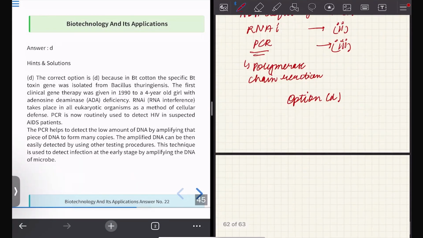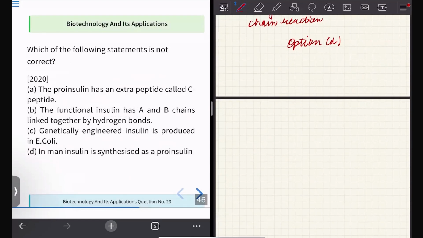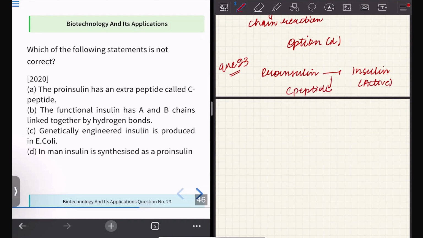Okay. Moving on to the next one. Which of the following statements is not correct? Insulin is synthesized in the form of proinsulin in our body. We have question number 23. So proinsulin is converted into the active form of insulin by removal of C peptide. Okay.